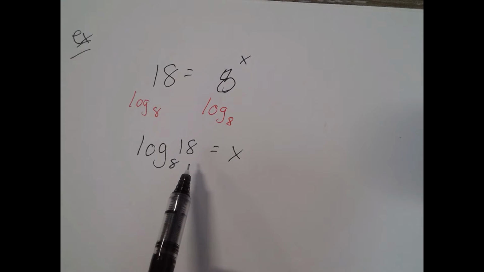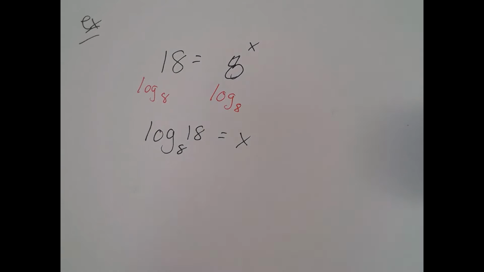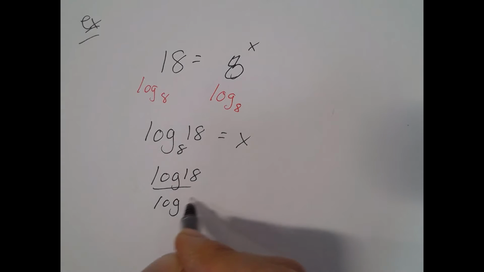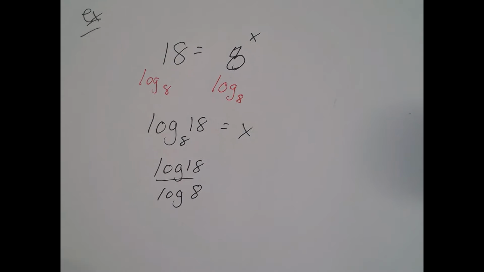I think the easiest way to figure it out on your calculator for looking for a decimal answer is just to write it as log of 18 divided by log of 8. Use our change of base formula. You could type in log 18 divided by log 8, and that'll spit out the answer. Some of you have discovered that if you go to math and go down to letter A, you can type in any base you want for your logs if you have a TI-84.